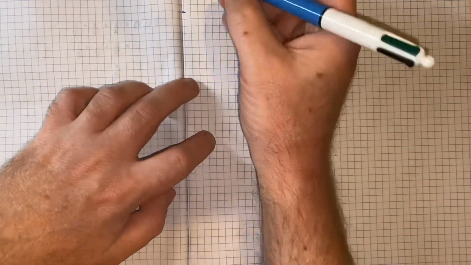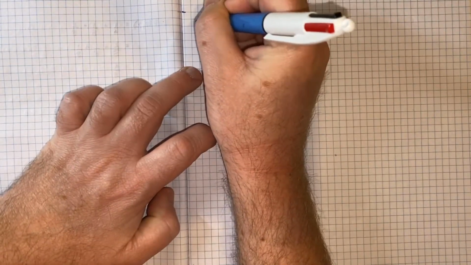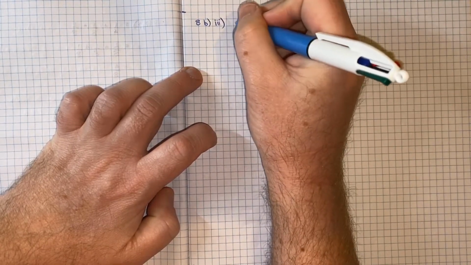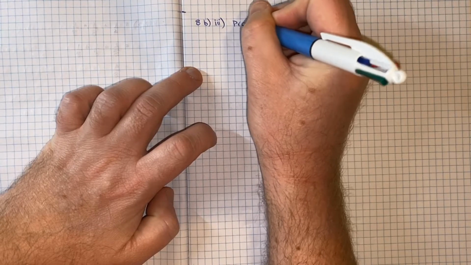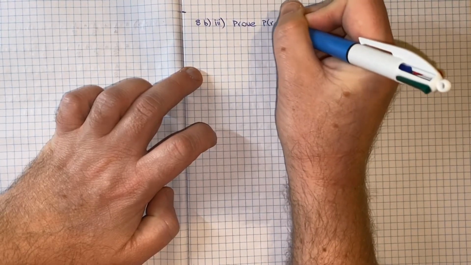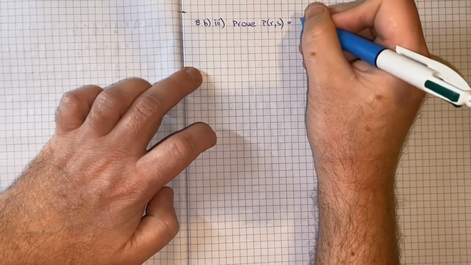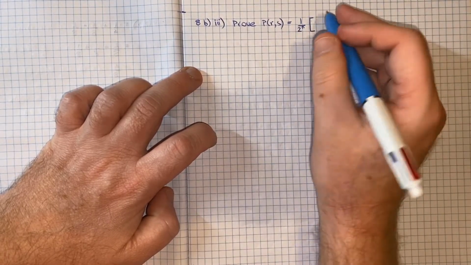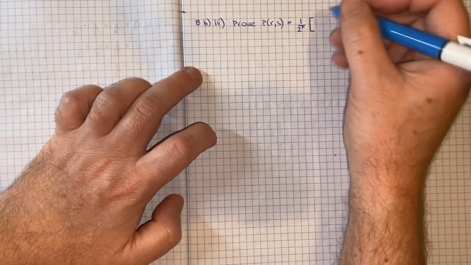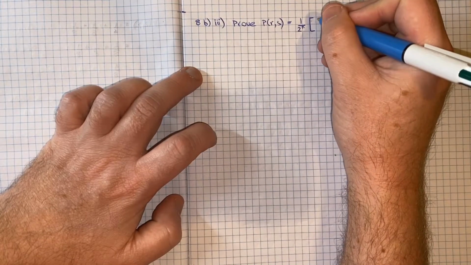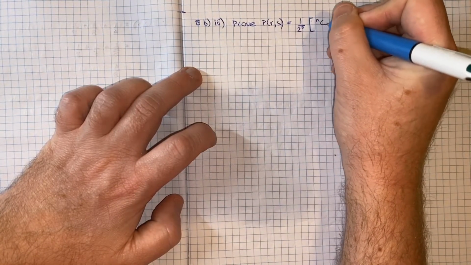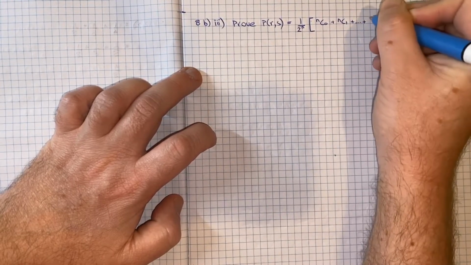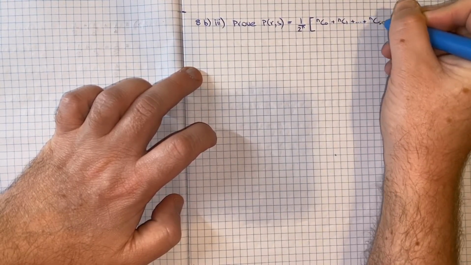Alright, so I might just start by writing up what we're being asked to prove so that we can refer to it. So we want to prove that the probability of r comma s is equal to 1 on 2 to the n times, and I'm just going to use nC notation here because that's what I'm used to. So it's going to be nC0 plus nC1 plus all the way up to nC(s minus 1).